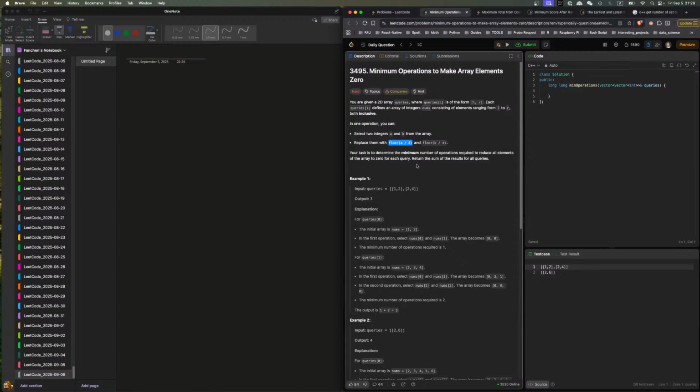I don't quite understand. So initial is 1, 2. In the first operation, select this and this. So one operation, this 1, 2, 3, 4. Select 2, replace them with this, and then you select another 2, replace another 2.